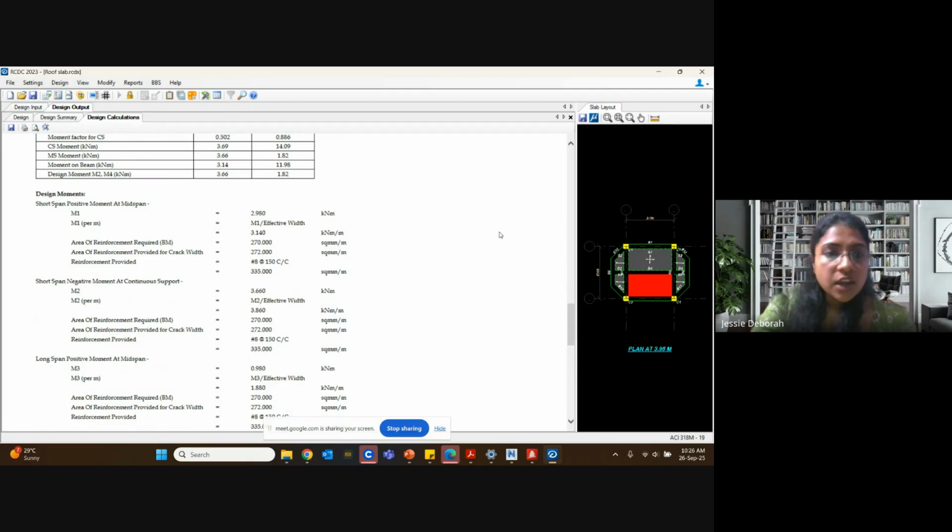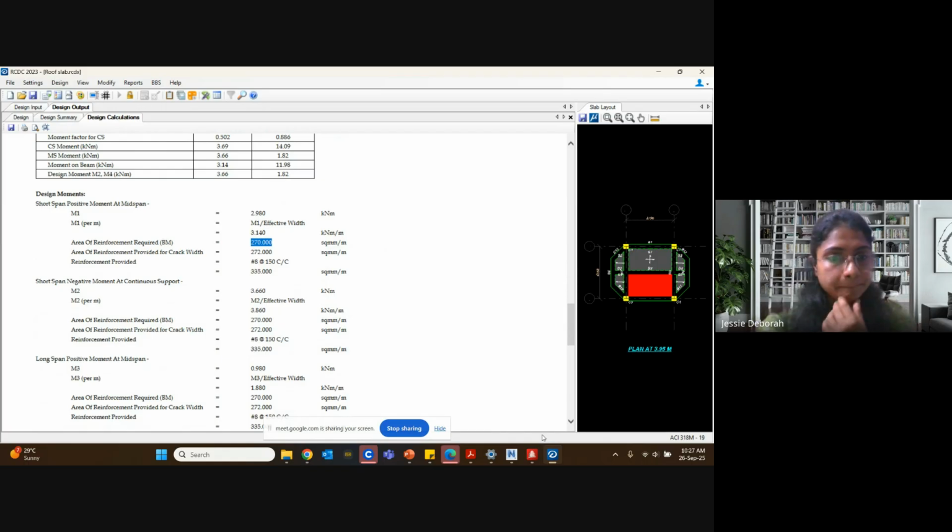Okay, so area of rebar is calculated like this. Effective width.